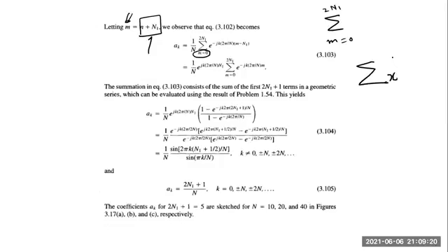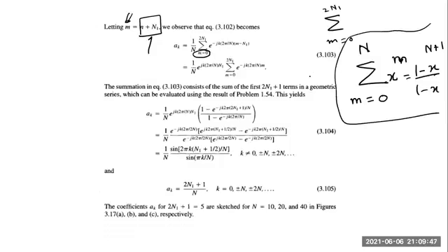If you have x raised to the power m, such that m is from 0 to capital N, what does this summation end up as? It ends up as 1 minus x to the power N plus 1, divided by 1 minus x. So this is the result that you can use over here. I am representing this by x, but of course, in our case, x corresponds to this exponential signal.